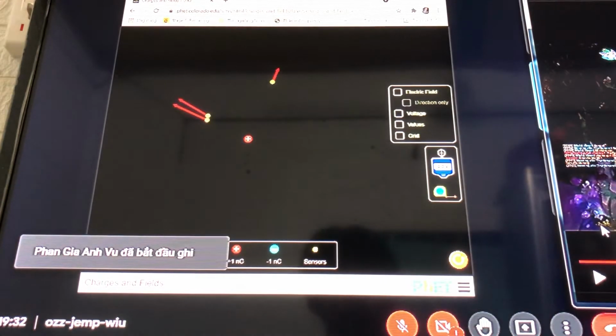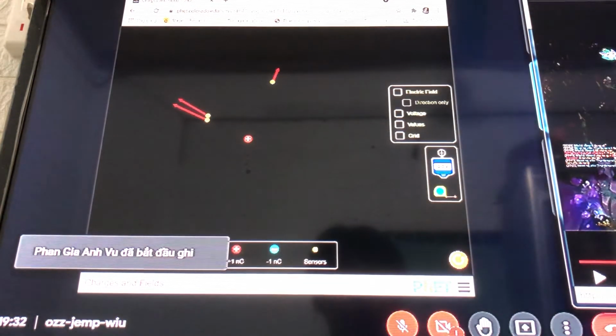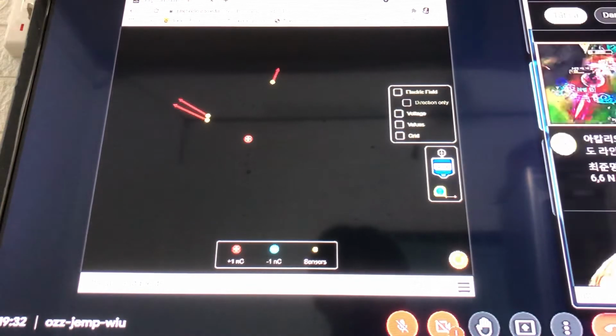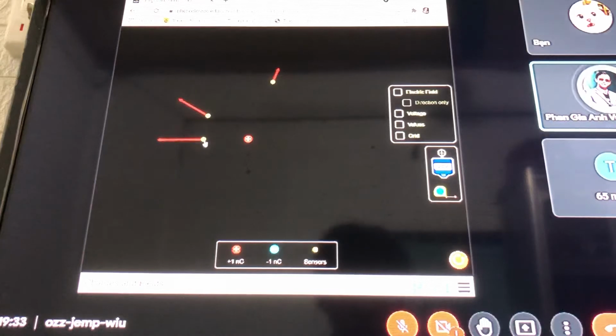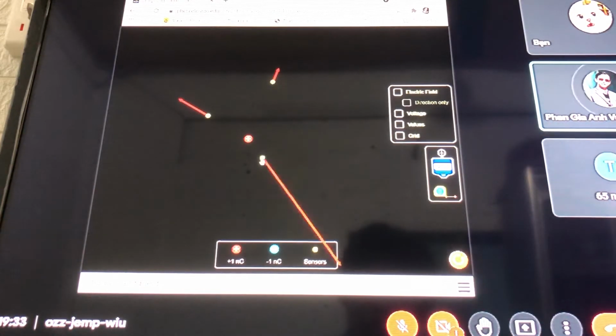Okay, let's formulate the problem again. Imagine that I have a test charge, the yellow point here, and I put it in the electric field of a single charge, the red one here.